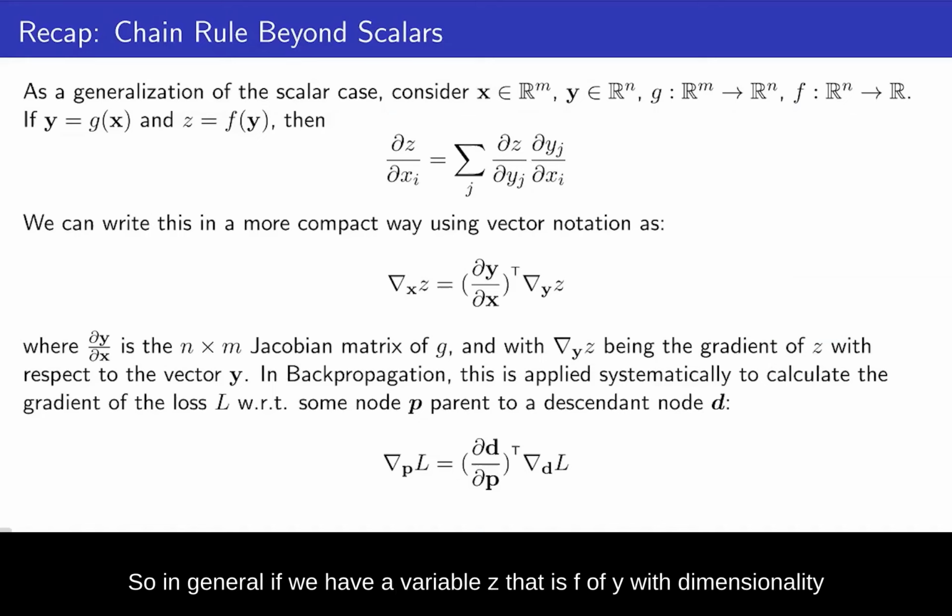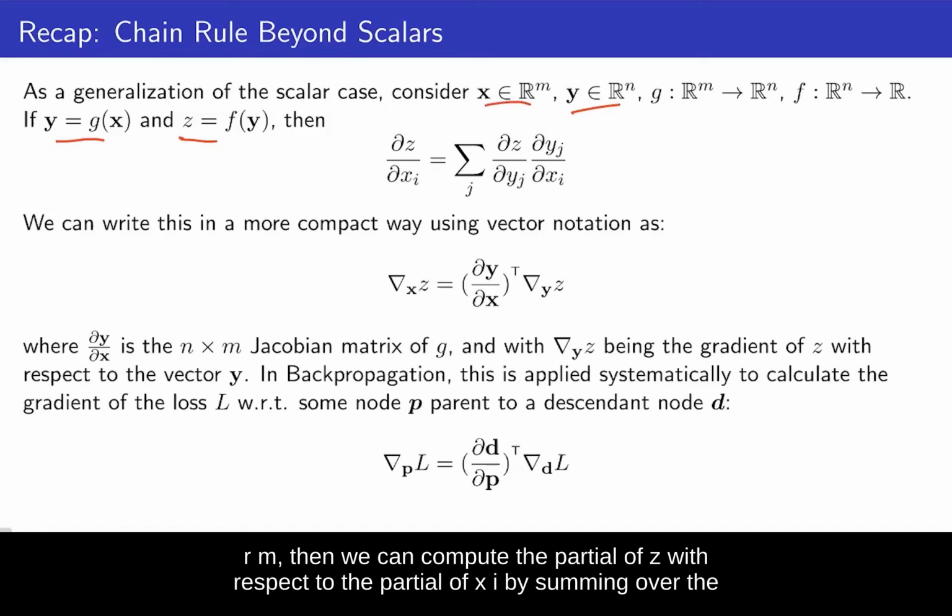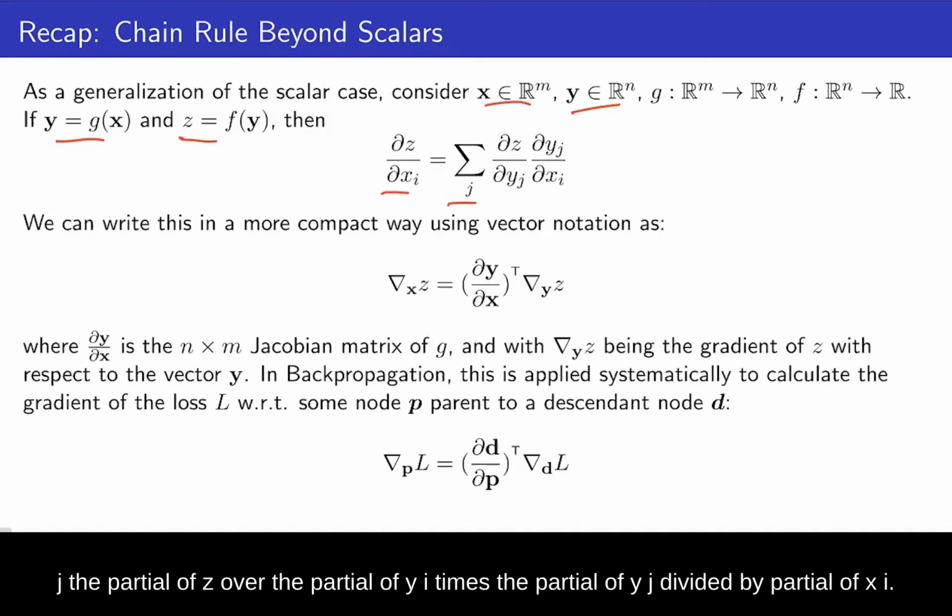So in general, if we have a variable z that is f of y with y in R^n, and we have y being a function g of x with x being elements of R^m, then we can compute the partial of z with respect to the partial of x_i by summing over the j, the partial of z over the partial of y_j times the partial of y_j divided by partial of x_i.